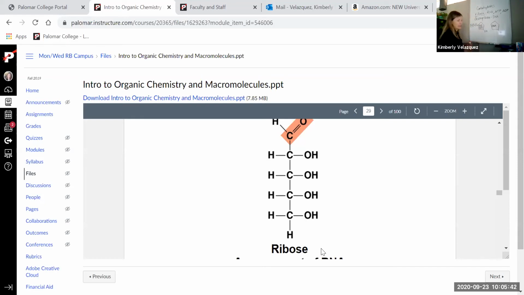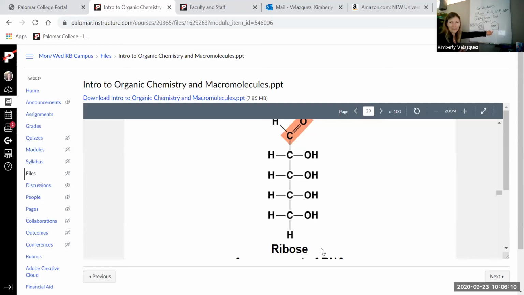Just as the formula is CH2O times some number for all monosaccharides, in this case, it's a 5-carbon sugar, so that number is going to be 5. So for ribose, the formula is C5H10O5. So twice as many hydrogens, equal numbers of carbons and oxygens.